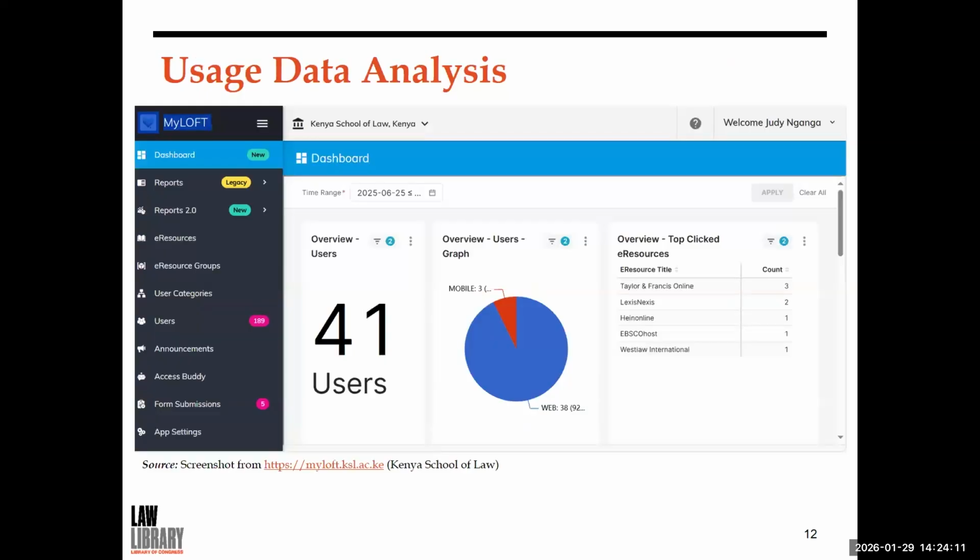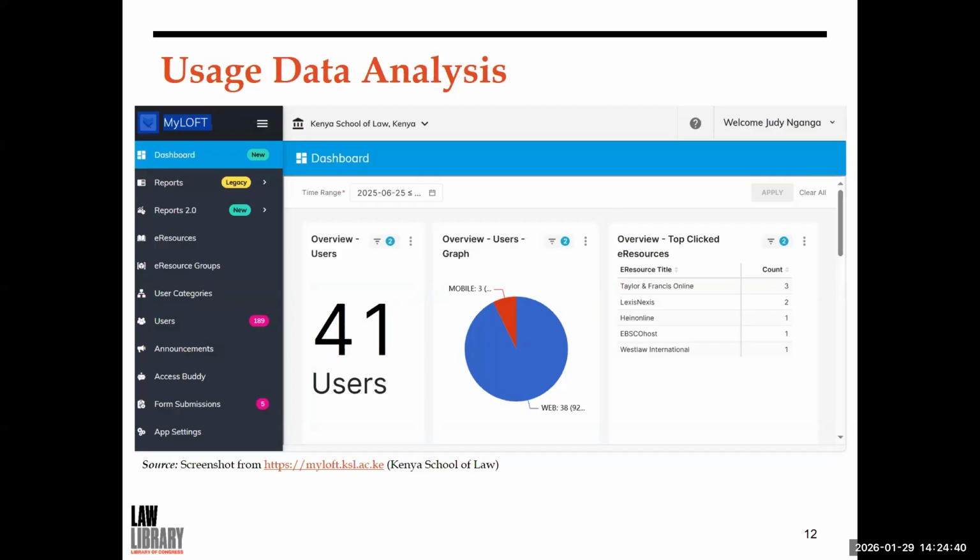Then for usage data analysis, in this digital era, you also need to support your case as a librarian on why you are recommending some databases. Through MyLoft, we are able to generate reports which help us know which database is more useful or preferred.